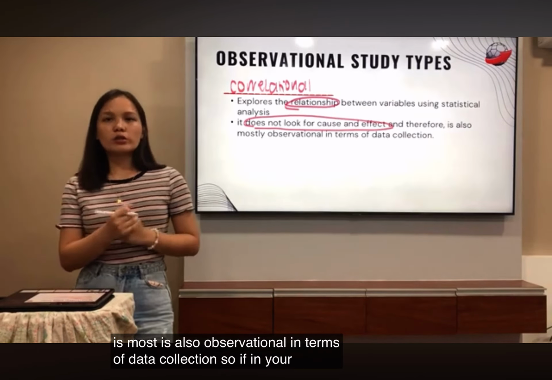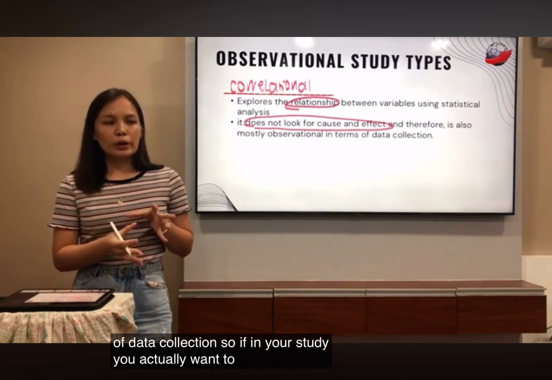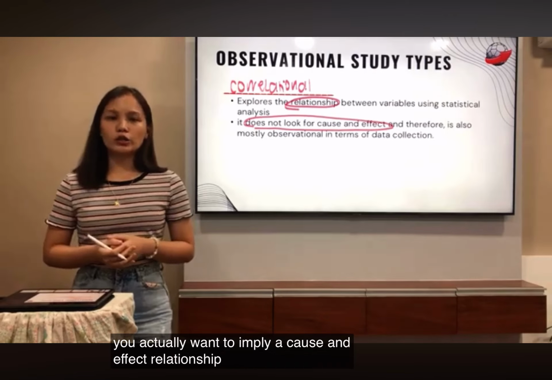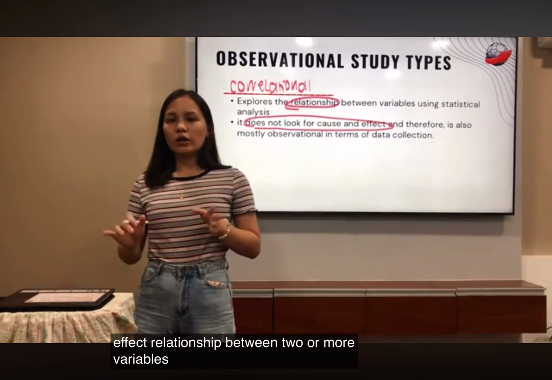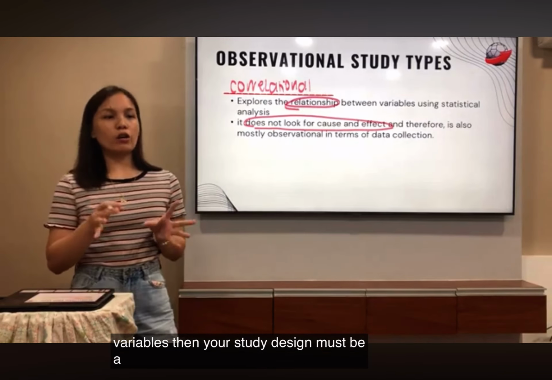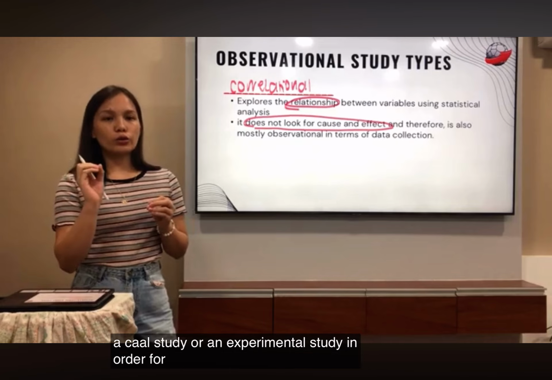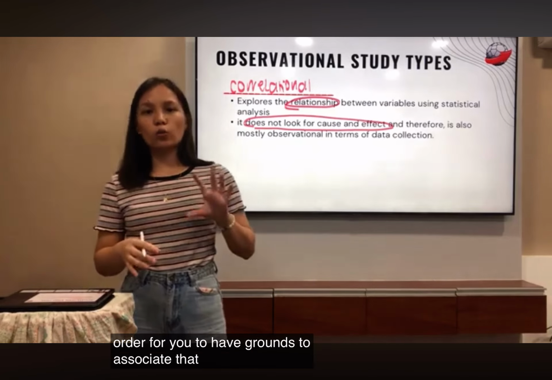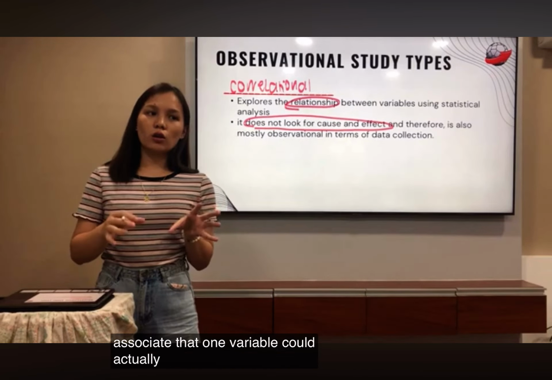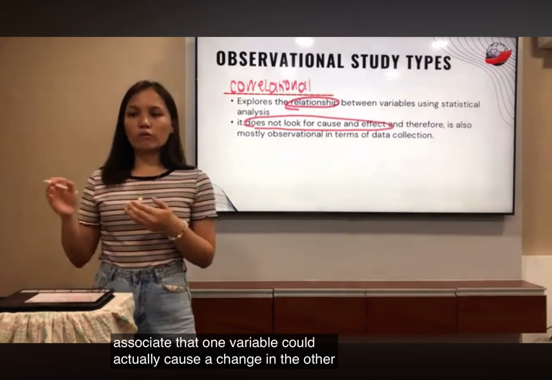So if in your study you actually want to imply a cause and effect relationship between two or more variables, then your study design must be a causal study or an experimental study in order for you to have grounds to associate that one variable could actually cause a change in the other variable.